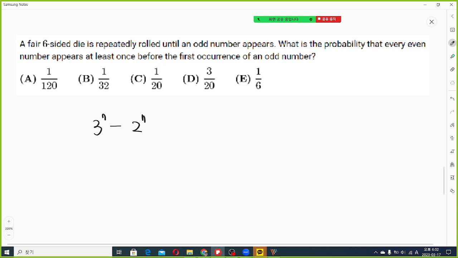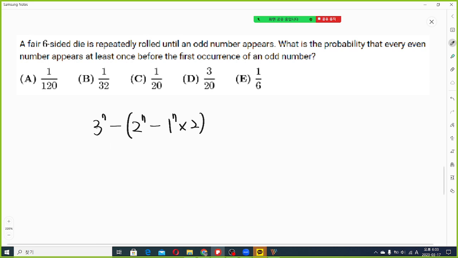So if we want to strictly subtract the case when two even numbers appear, we need to subtract the case when only one even number appears. But in this case, because we are talking about two even numbers, we multiply by 2. It can be one of the two numbers.